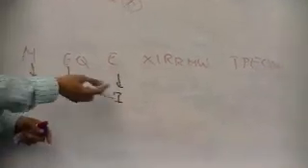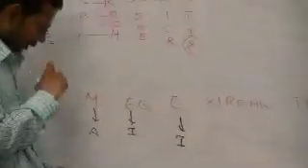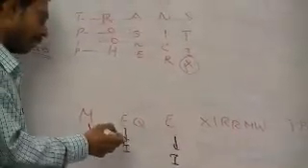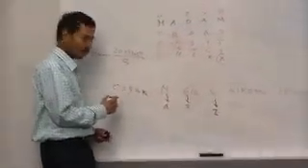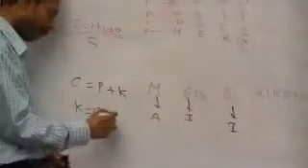Before that you have to find the shift value. So try the shift values. If E is substituted with I, remember always the relationship: ciphertext is plain text plus key. So what is the key? Ciphertext minus plain text.